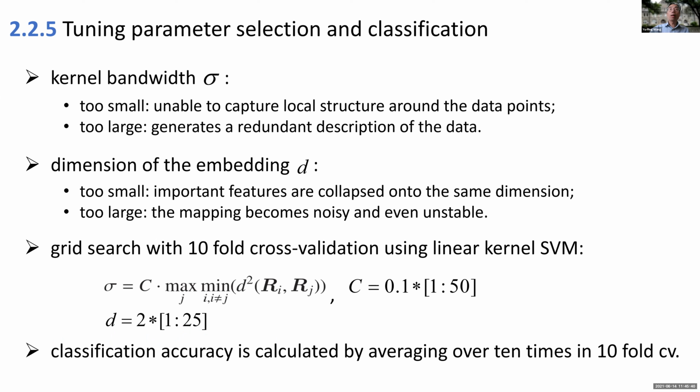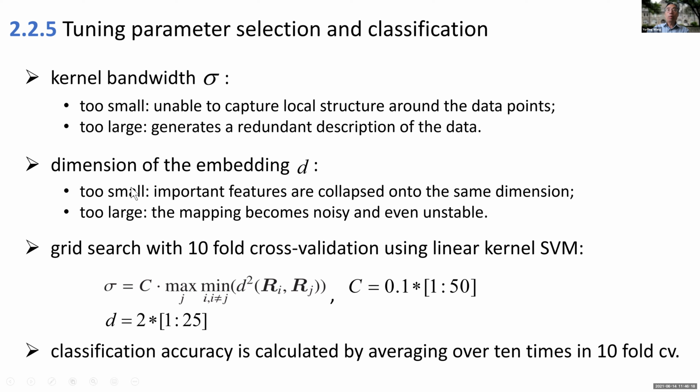There are two key parameters in the construction of the diffusion map. The first one is the selection of the kernel bandwidth, sigma. If sigma is too small, we are unable to capture the local structure around the data points. On the other hand, if sigma is too big, we will have a redundant description of the data.